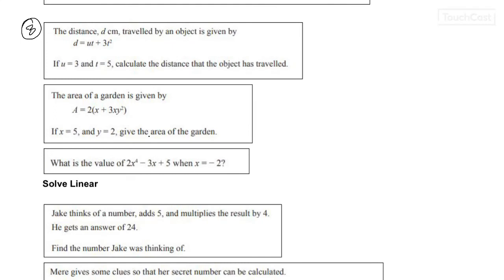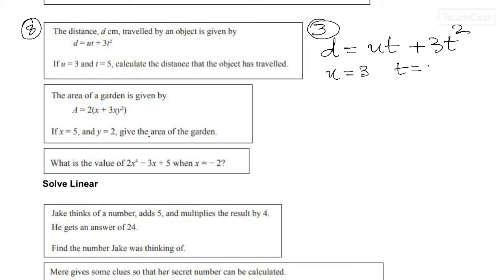Now moving on to the third one. Number 3: the distance d centimeters traveled by an object is given by d equals ut plus 3t squared. If u equals 3 and t equals 5, calculate the distance the object traveled. So 3 times 5 plus 3 times 5 squared.